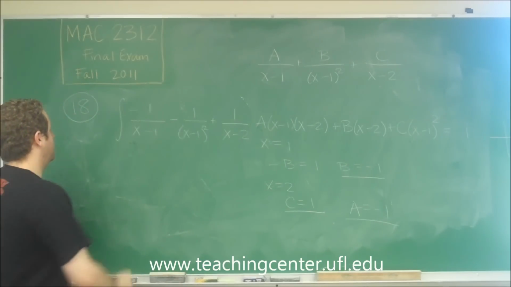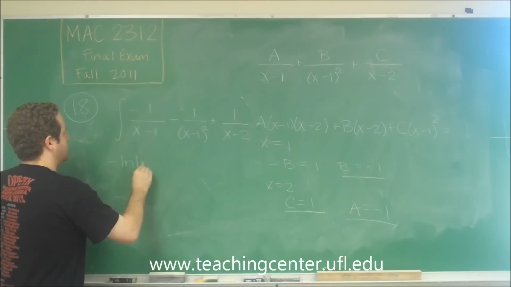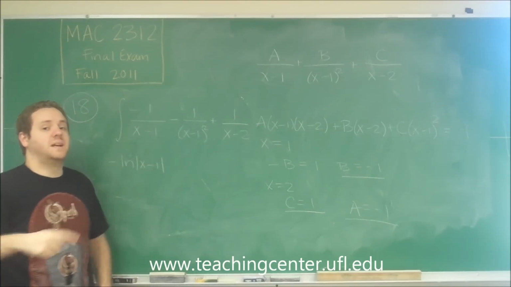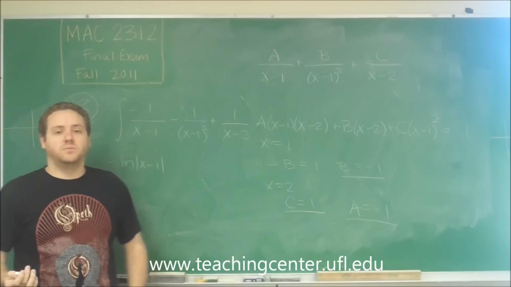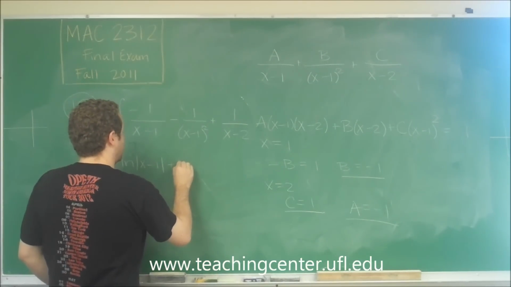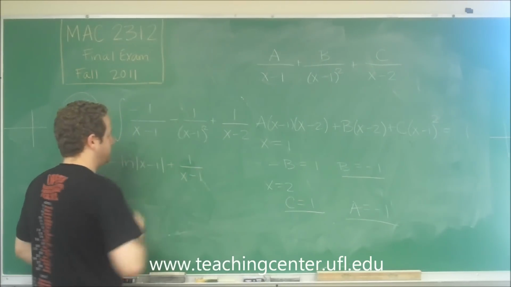So negative 1 over x minus 1, that's going to give us negative ln of x minus 1. For this one here, we have a power of negative 2, so we're going to have to use our power rule. If you use your power rule, you add 1 to that power. We're going to get plus 1 over x minus 1.